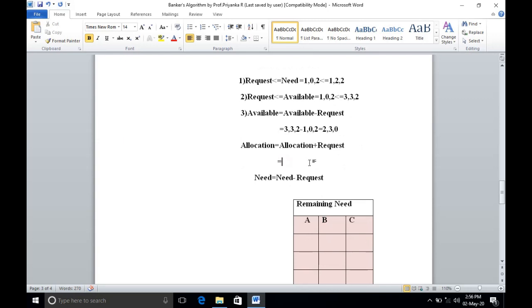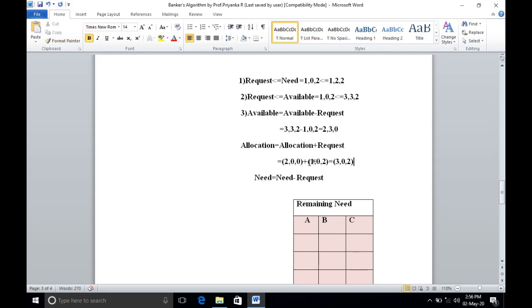So allocation of P1 is 2, 0, 0 plus the request, which is 1, 0, 2. So here we'll get 2 plus 1, 3, comma 0, comma 2.